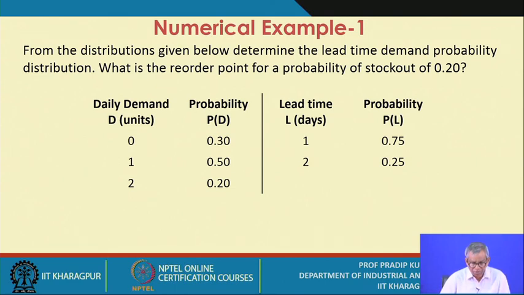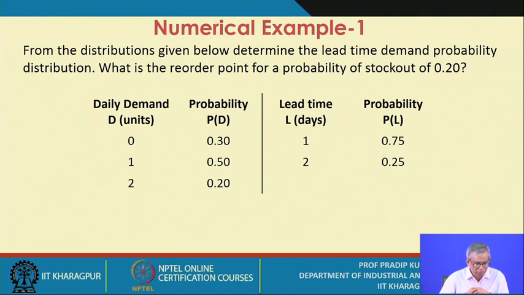Knowing the distribution of demand and the distribution of lead time separately, how can you determine the distribution of demand during lead time? This is also referred to as one example of joint probability distribution.